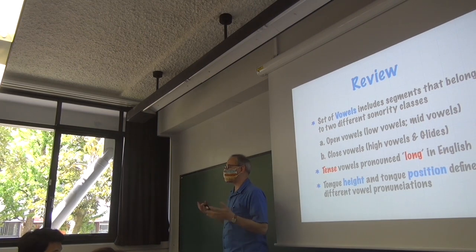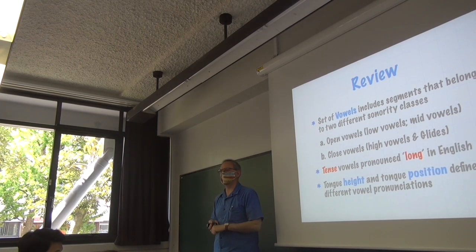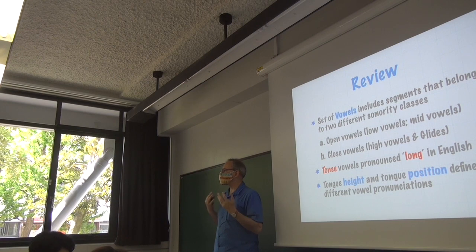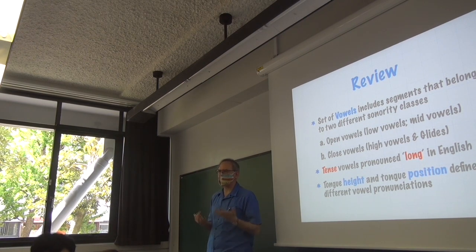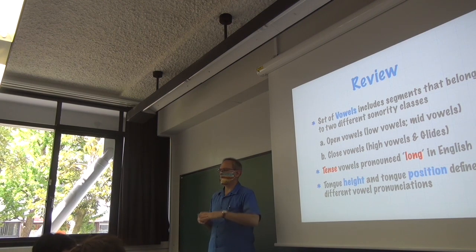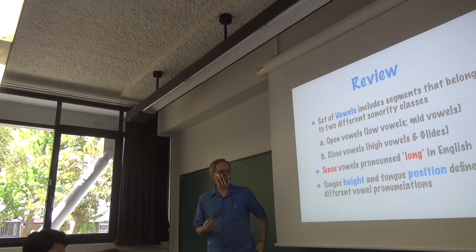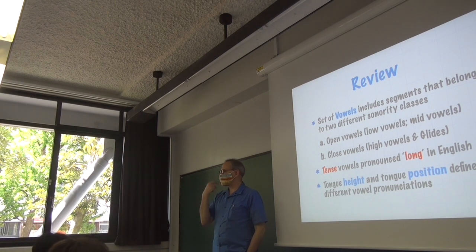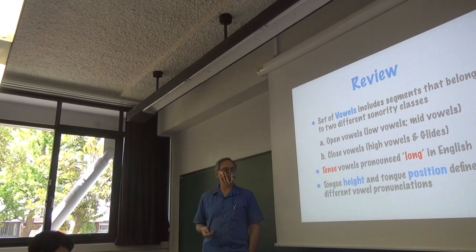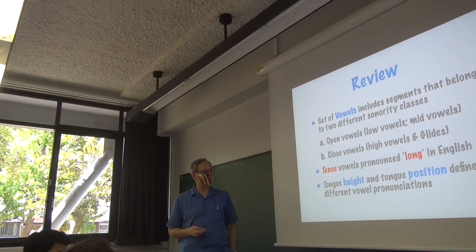So we define the different vowel pronunciations with up to 4 different characteristics or properties or features. There's the tongue height, there's the tongue position, and then in addition, there's the tenseness of the muscles. There's also the shape of the lips, which we'll talk about a little bit later.